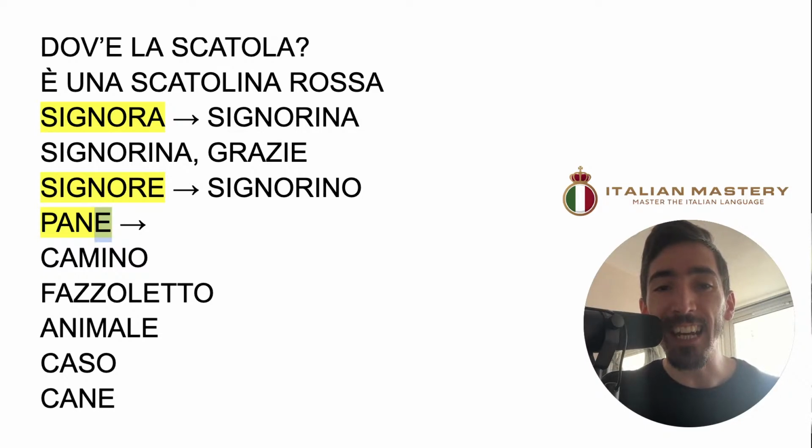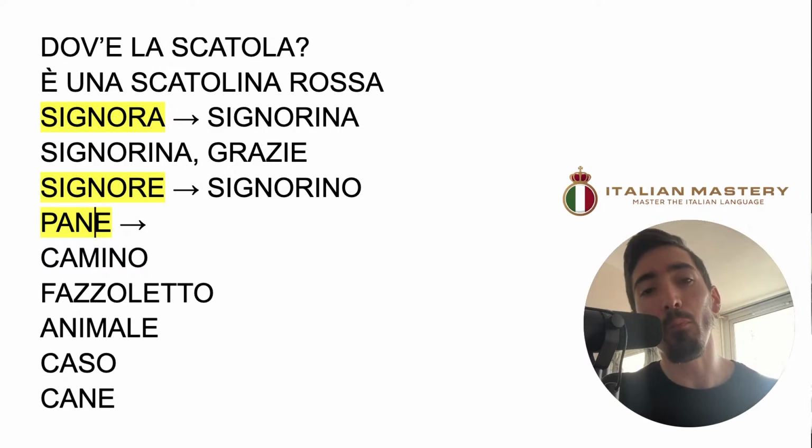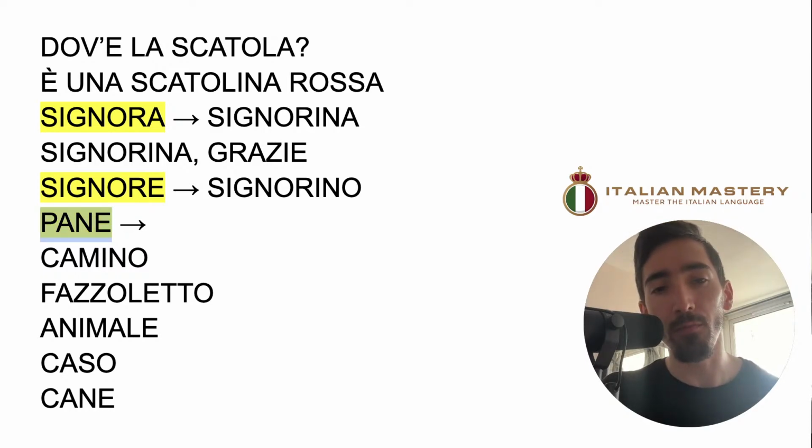This ends in E, and normally words in Italian end in O or A. O for male, A for female. If they end in E or I, they are plural, but this is not the plural of anything. This is a word, and it's male and it's singular.